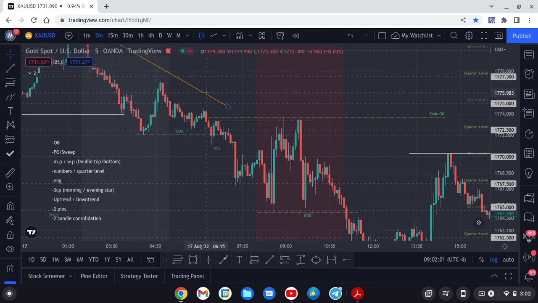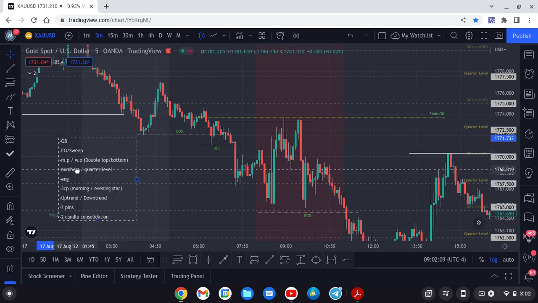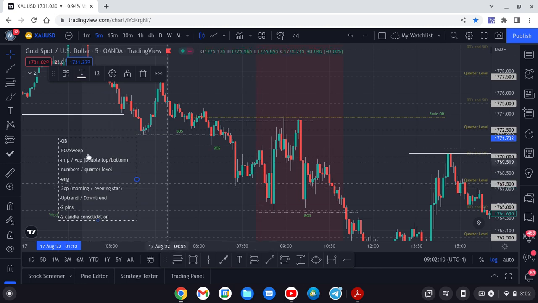Now, this is the 5-minute time frame. As you can see, what I usually do, I will put up this list right here and mark up things that I see on the chart.